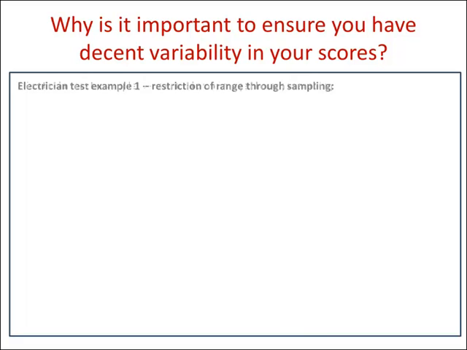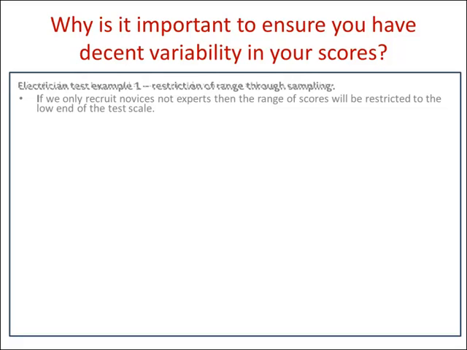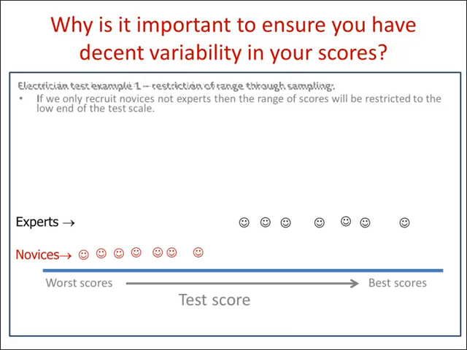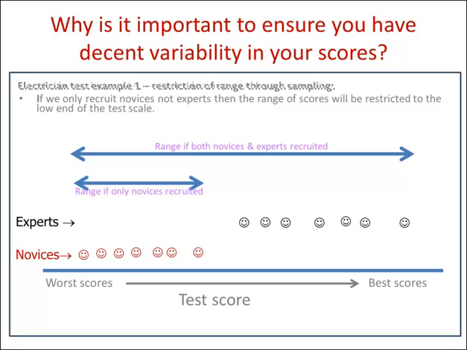Here's another example of restriction of the range, this time because of our sampling. This is if we only, say, recruited novices rather than experts, then the range of scores we would get would be restricted to that novice range. Here you can see the range of scores we would get if we only recruited the novice electricians, rather than if we recruited both novices and experts, we get a much wider range.